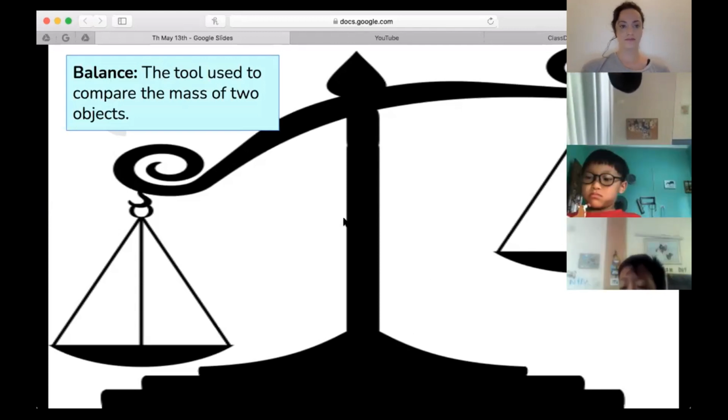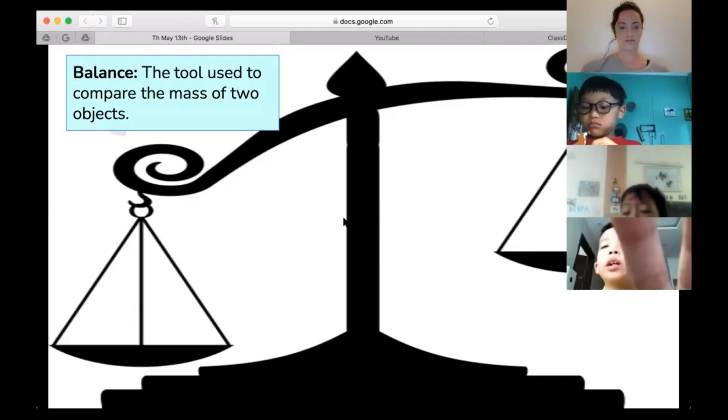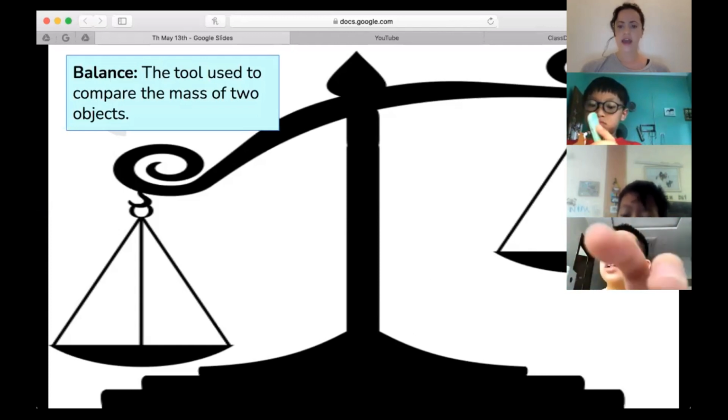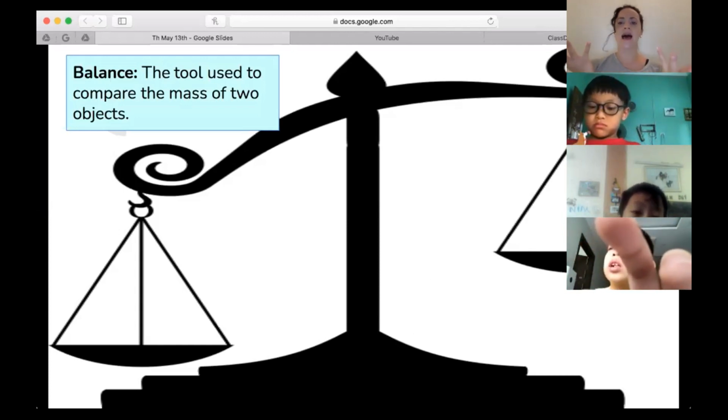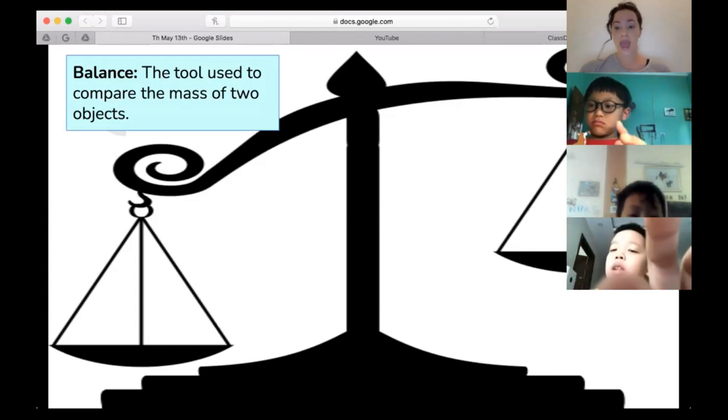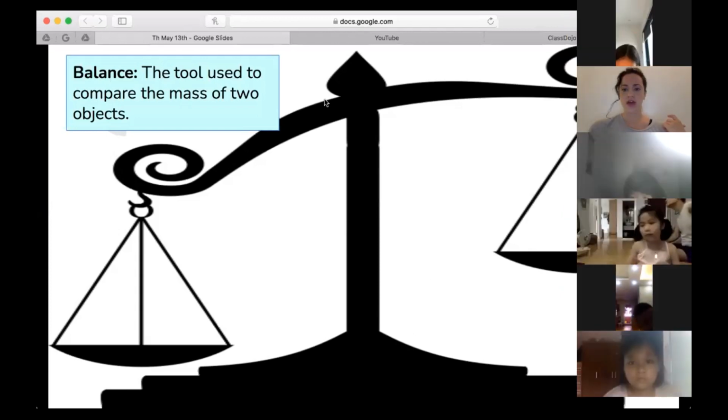Balance. To compare the mass of objects. Very good. So can the balance tell us how much it weighs? How many kilograms? What do you guys think? Raise your hand if you have an idea. Do you think the balance can tell us how many kilograms?